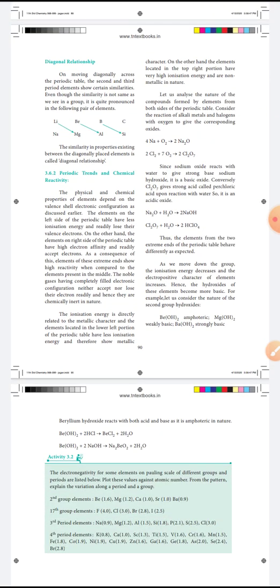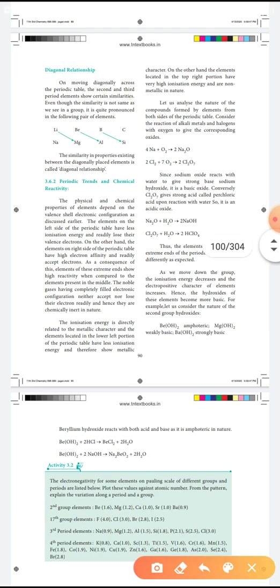Diagonal relationship, a very important 2 mark or 3 mark question. On moving diagonally across the periodic table, the second and third period elements show certain similarities. Important point: the second and third period elements show certain similarities.